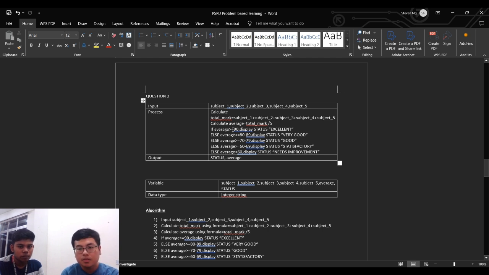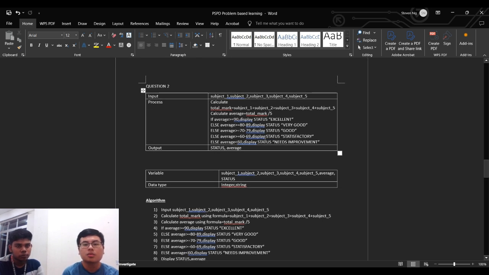If it's greater than or equal to 90, it will display excellent. 80 to 89, it will display very good. 70 to 79, good. 60 to 69, satisfactory. And if it's below 60, it will display needs improvement.